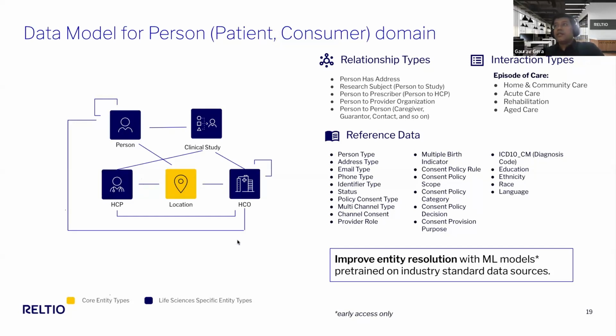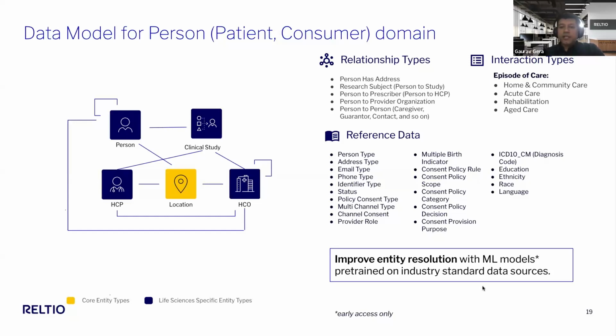The other piece which we did not talk about in the previous slide was the reference data. Across all the domains, we are providing extensive reference data, as you can see in the patient domain, the number of lookup values that we have. And the other piece that we have done more recently in our February release is improved entity resolution, again with pre-trained machine learning models.